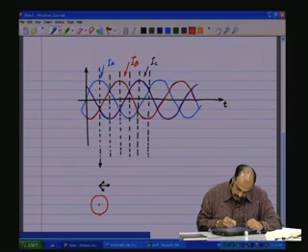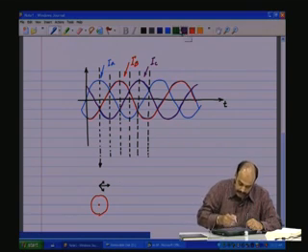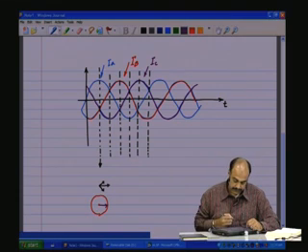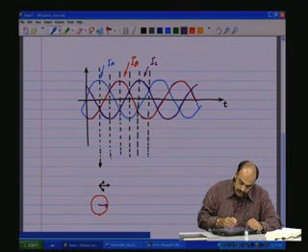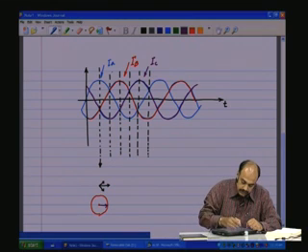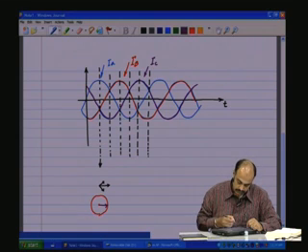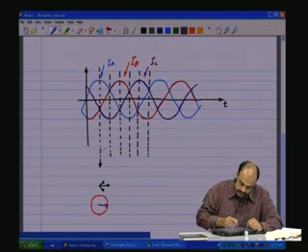So the resultant has a direction like this, that is, these two add up and then you have a resultant in this direction. Now if we consider this point, let us take this point here.